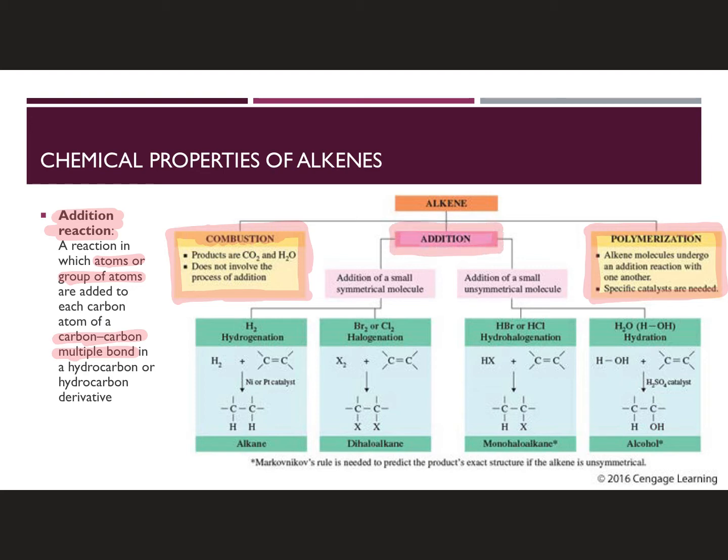We can break addition reactions into two categories. We can add a symmetrical molecule or an unsymmetrical, or asymmetrical, molecule. Examples of symmetrical molecules are things like H2. What we mean by symmetrical is that both atoms in this small molecule are the same. We also have Br2 or Cl2.